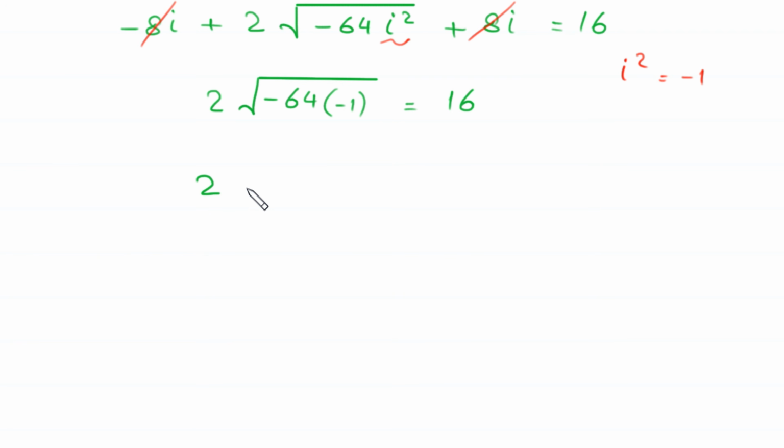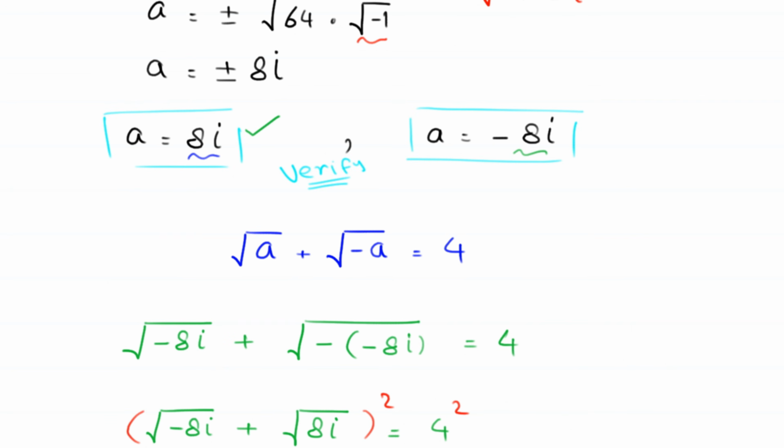Next, 2 times the square root of negative 64 times negative 1, which is positive 64, is equal to 16, and 2 times the square root of 64, which is 8, is equal to 16. 2 times 8 is 16, is equal to 16. You can see that the left hand side is equal to the right hand side. This means this second value of a, negative 8i, is a valid solution.